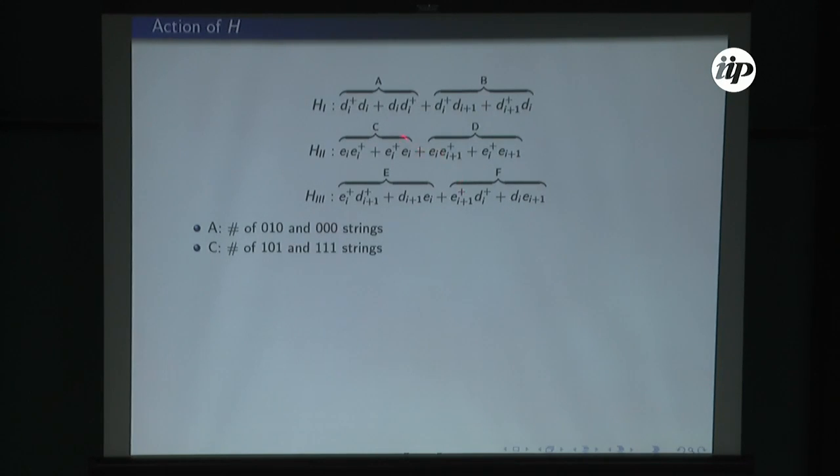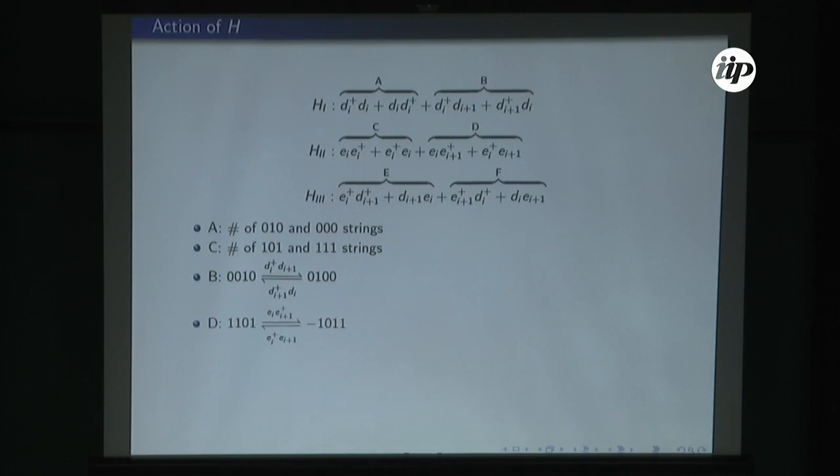The C term is the fermion-wall symmetric counterpart of this A term. So it's still an on-site energy, and it counts the number of 101 or 111 terms. This term B describes the hopping of an isolated fermion, so it can hop to the left or to the right.